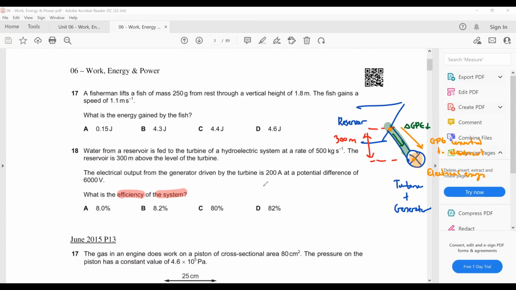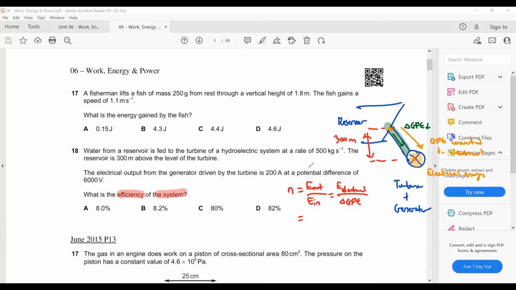So what you can see here is that efficiency is energy output over energy input. Energy output is actually your electrical energy divided by your GPE.